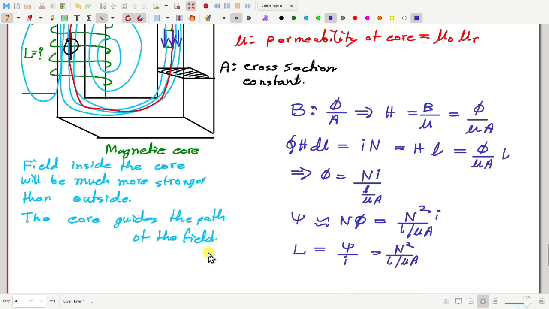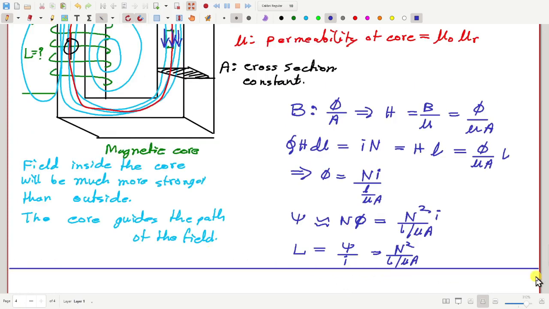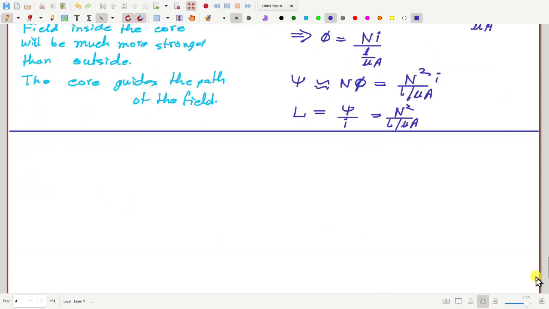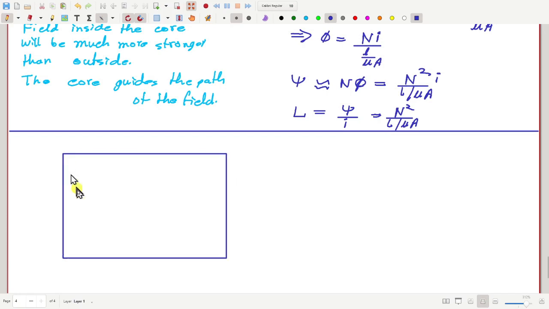Any questions so far? Now, what happens if I have a core which is not of uniform cross section? Suppose I have a core like this. I'm only drawing the 2D front view of the core, and here I have the coils.